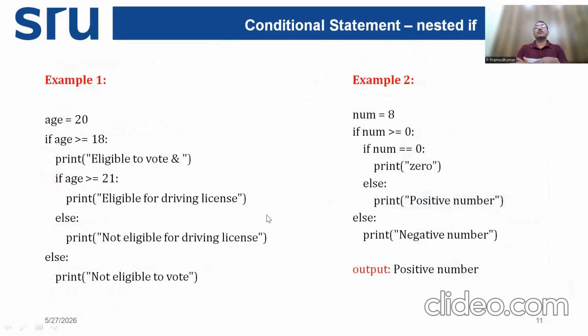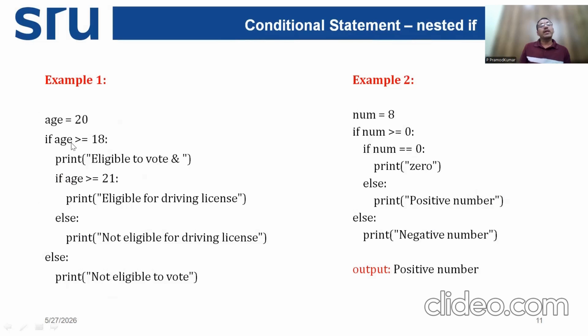Then two examples. We'll discuss two examples. In the first example, I would like to check whether a particular person is eligible to cast his vote or not. The person's age I'm considering as 20. At the outer if, I'm taking the age. If age is greater than or equal to 18, I say eligible to vote.